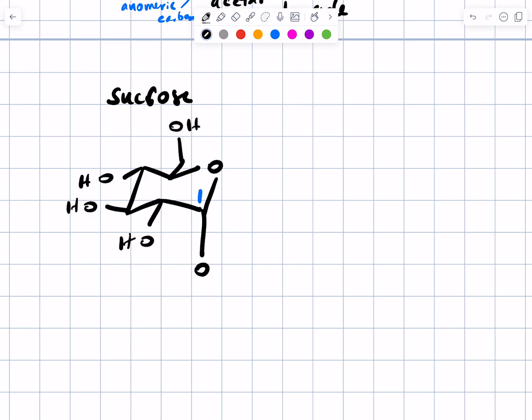And then I should have written this down because I'm probably going to get the configuration of the next stereocenter wrong. Let's see if it's in my notes. Dang it. See if I can get it. Don't want to tell you guys wrong stuff.